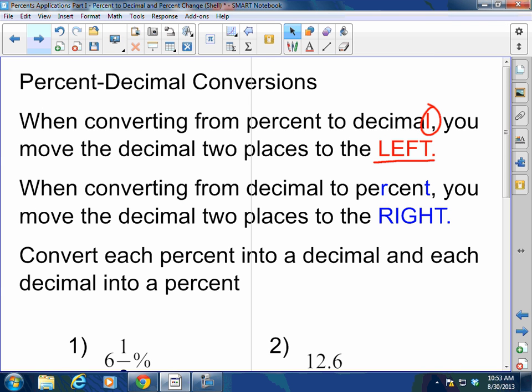When converting from decimal to percent, think about the R and the T, you move the decimal place 2 places to the right. Why to the right? Because there's an R and a T in percent. So percent to decimal, L, left. Decimal to percent, R, T, that's right. 2 places to the right.